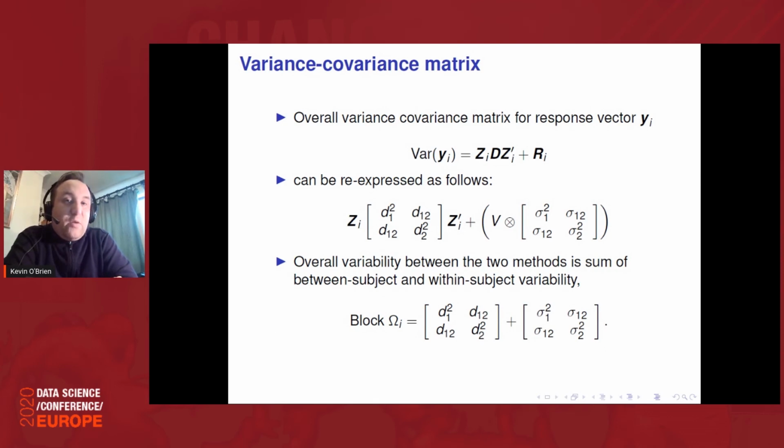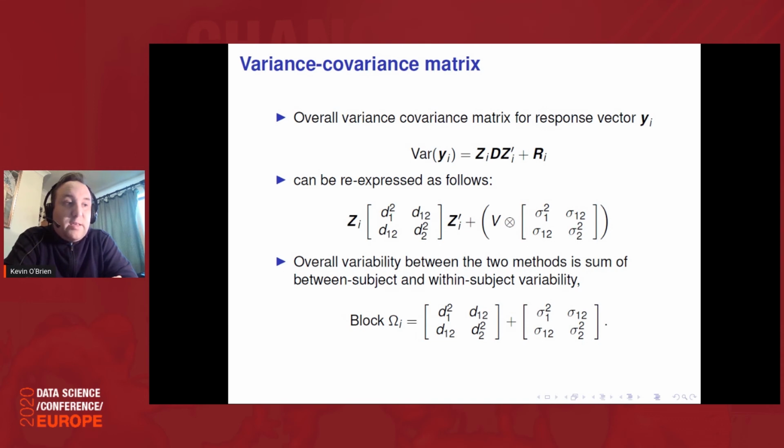So precision and repeatability are the two key topics here. Based on the model I've just shown you, it sets up an overall covariance matrix for the response factor, which is the set of responses, the set of measurements. This framework allows the decomposition of the variance into two components.